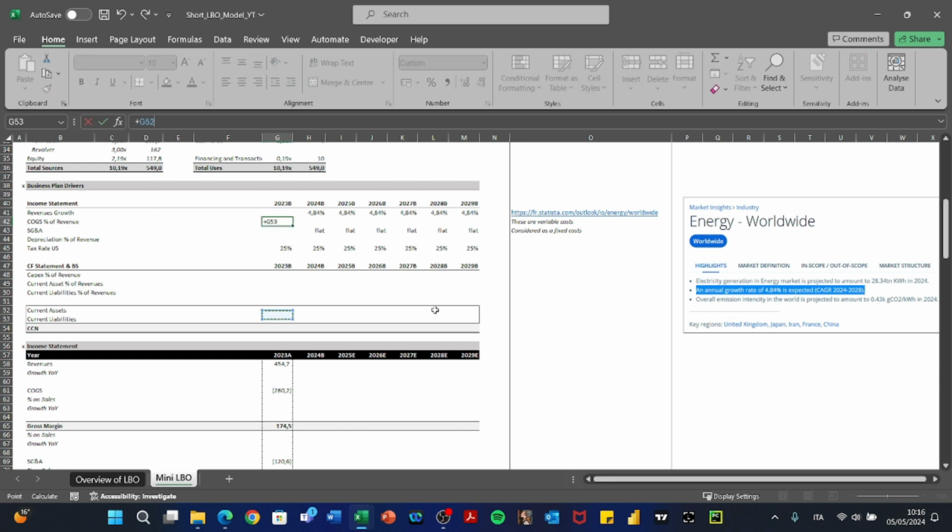Okay, let's check our file and about these. Okay, and in terms of the depreciation, as a percentage of revenue, let's see something like 4%.